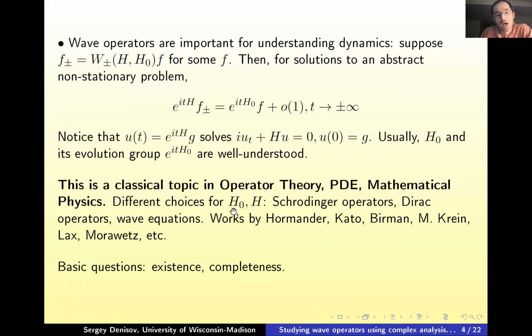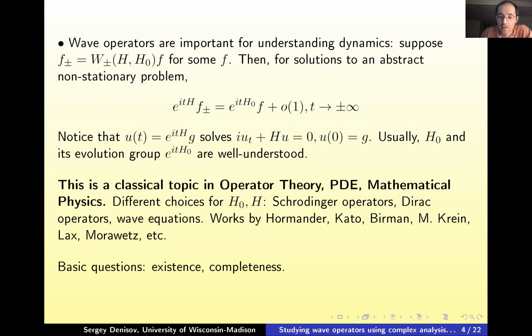For H0, you can take the unperturbed Dirac operator from relativistic quantum mechanics, and then H is going to be the perturbed Dirac. And even the wave equations can be studied in that framework, and I can mention many papers, but people like Hörmander, Carter, Birman, Mark Krein, Lax, Morawetz, they all worked on spectral theory, scattering theory, and they studied wave operators. So what are the basic questions that people want to understand?